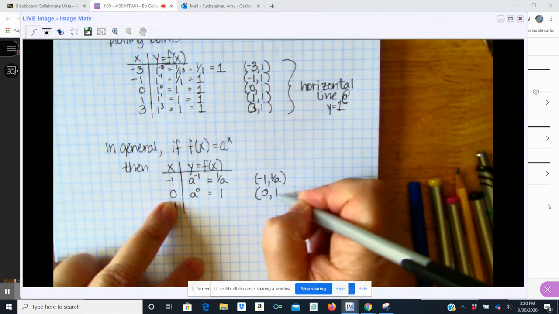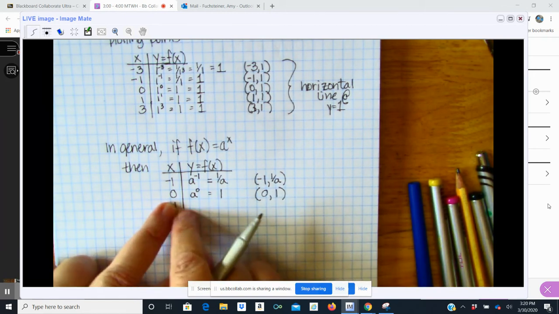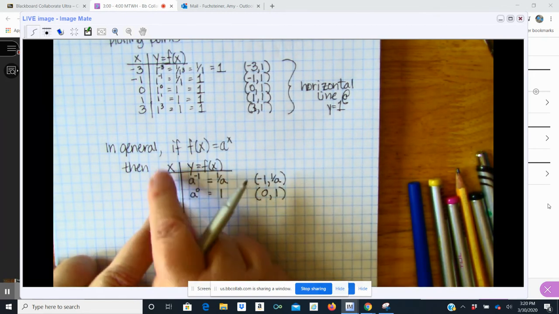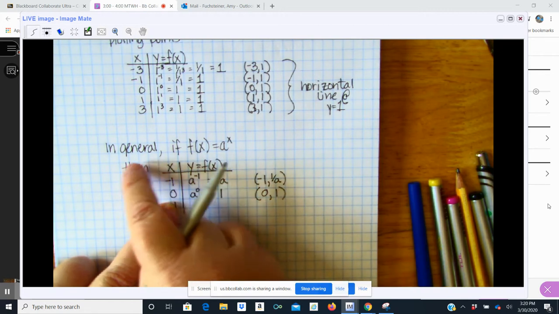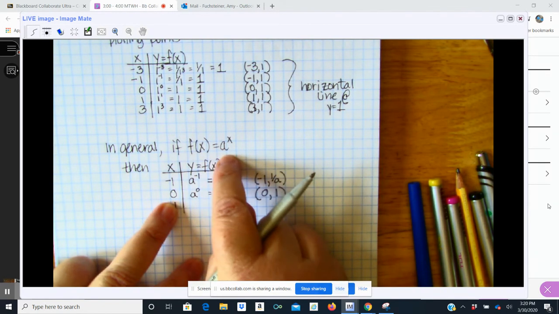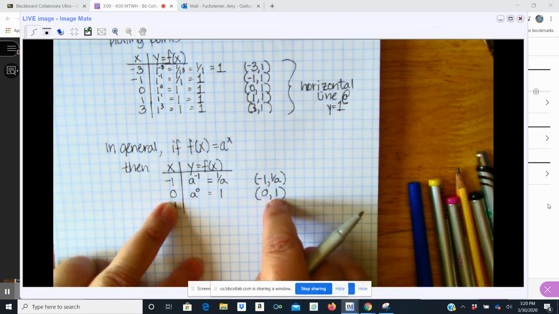This gives me a point at 0, 1. This is important because it tells me that in any logarithmic function, I will have a point at 0, 1. In general, for any logarithmic base function, I will have a point at 0, 1.